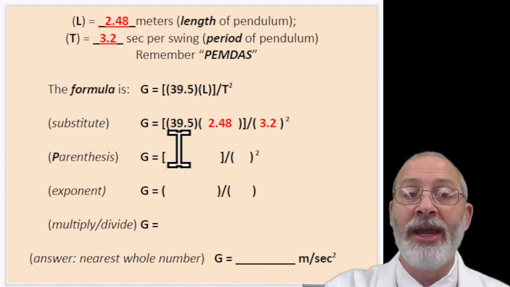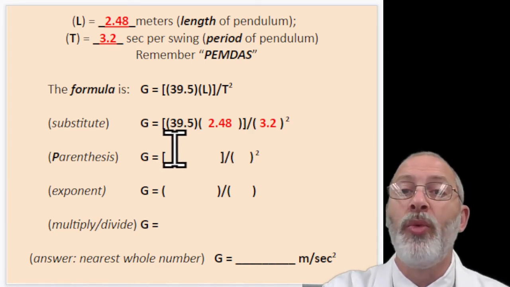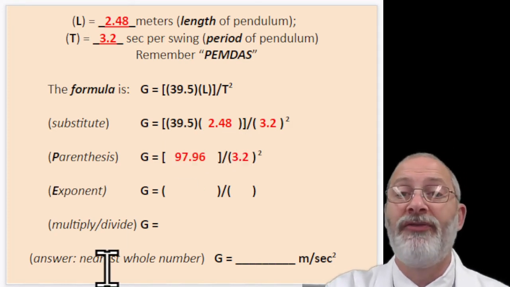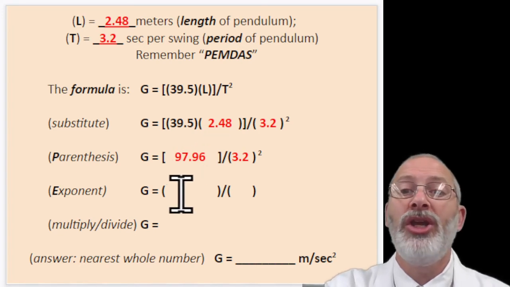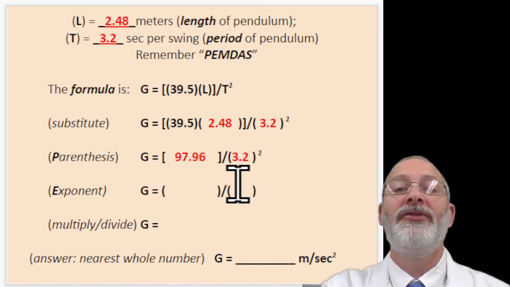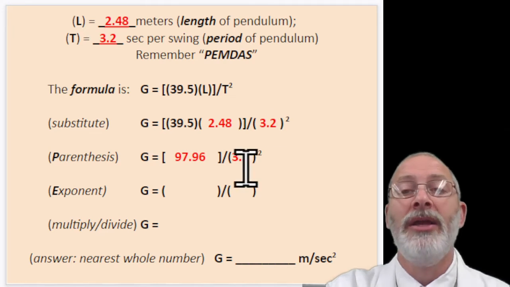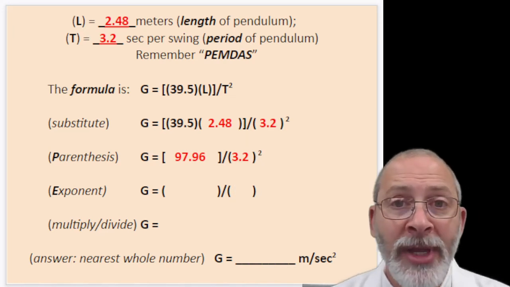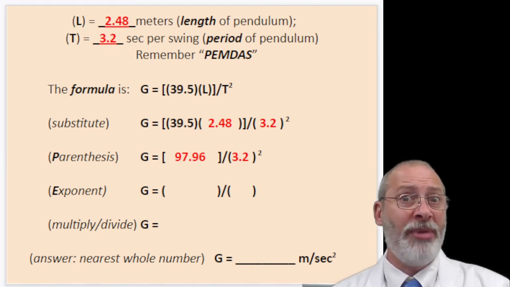The 39.5 times the 2.48 are within a set of parentheses. So that's what we will take care of first. And by multiplying those two numbers, you get 97.96 divided by, and we haven't done anything yet, the 3.2 squared, so we just continue to write it down, the 3.2 squared. Now that exponent there is the next thing in PEMDAS.